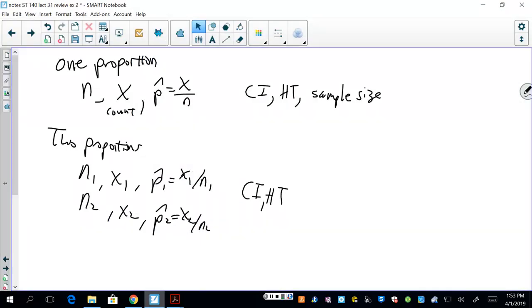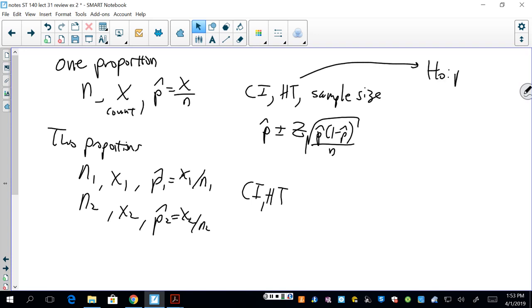So in these cases, the confidence interval has P hat plus or minus the normal value times the square root of P hat times 1 minus P hat over N. Right over here is our confidence interval. And then for the hypothesis testing, we set up a null hypothesis, and we're going to compare our sample proportion to whatever that null value is.